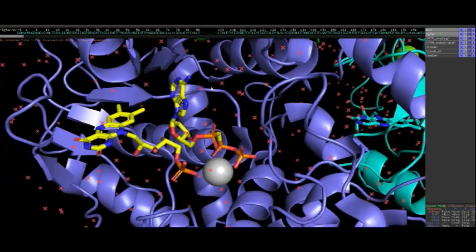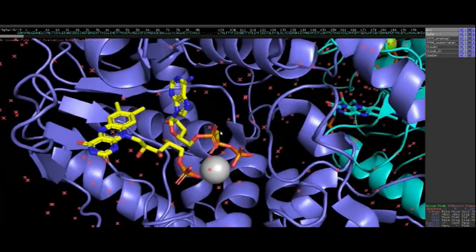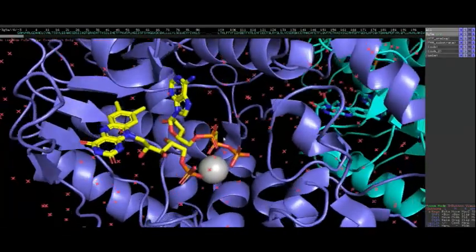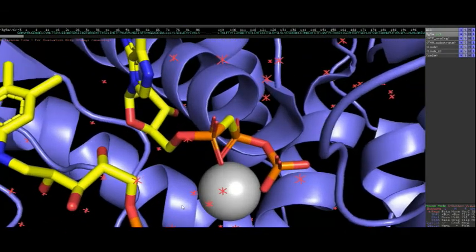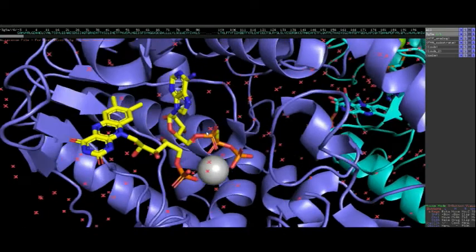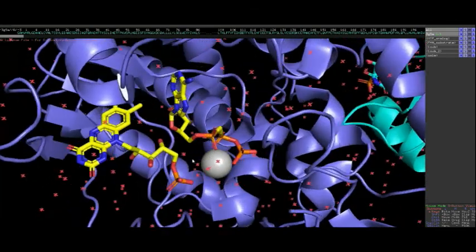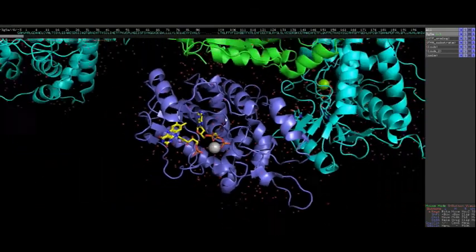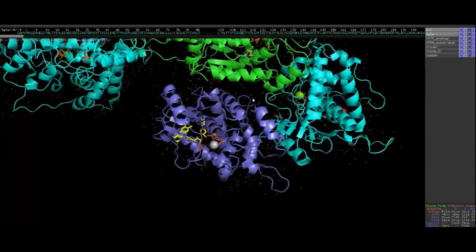So we can look at the substrates in the binding pocket in the active site here. But we can see how this right here could be brought in and bind onto this phosphate here, releasing pyrophosphate and adding this adenosine onto the end of this FMN here.